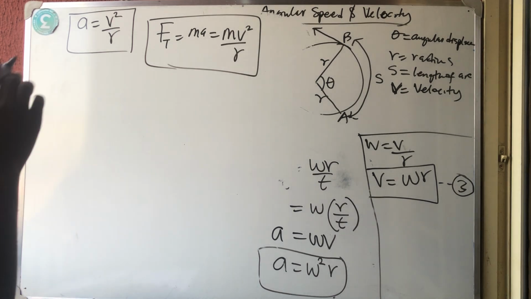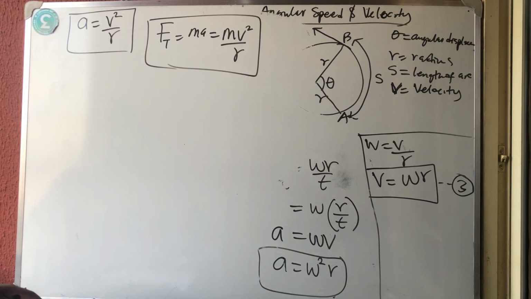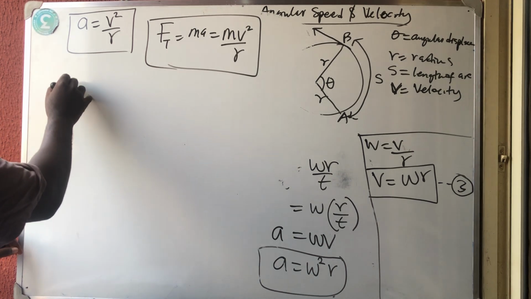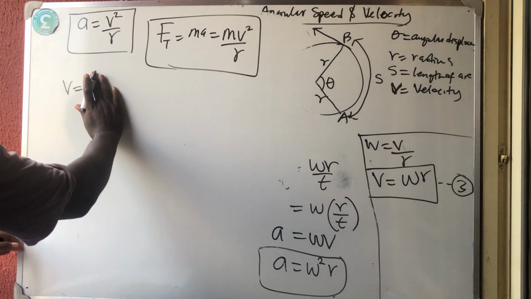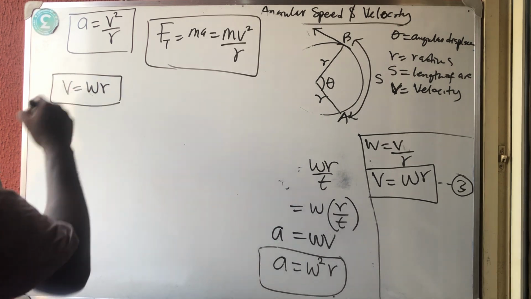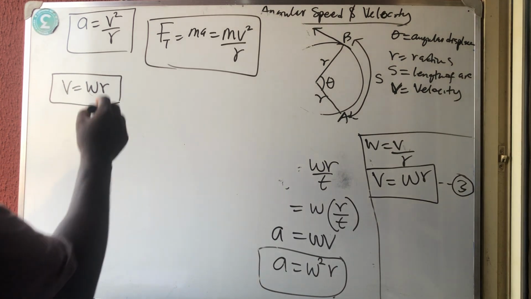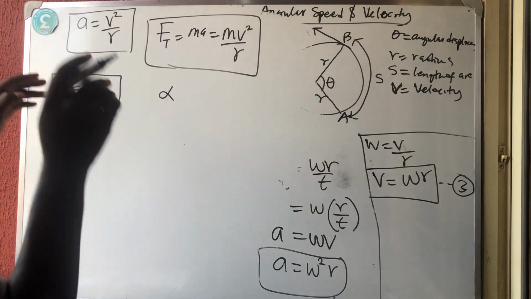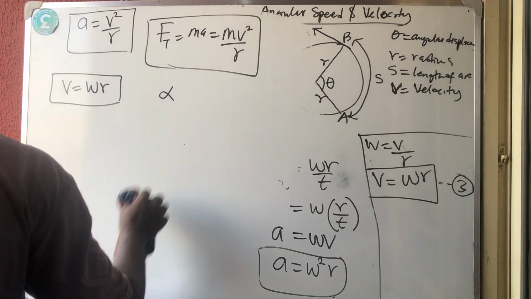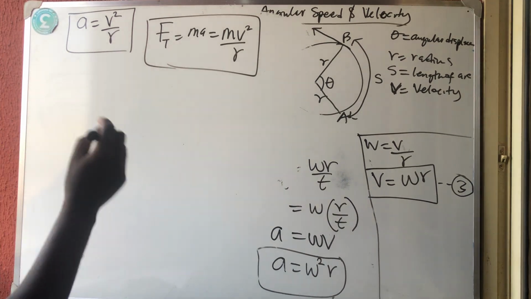Now let's move to linear acceleration, linear speed, angular speed and velocity. Just know that V is equal to WR. That's the relationship between the two of them, and the same goes for alpha. The only thing is just attach R to it.